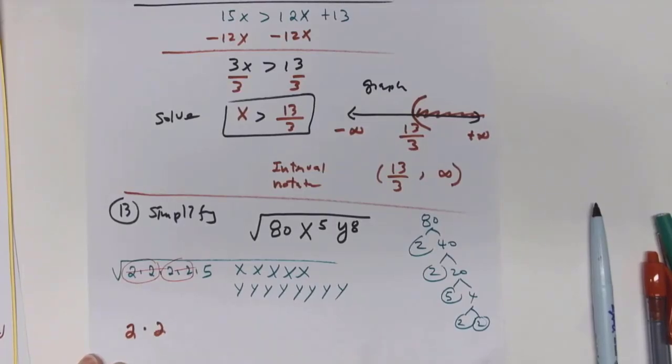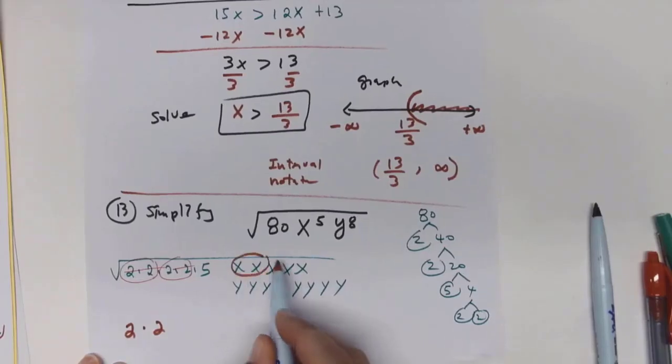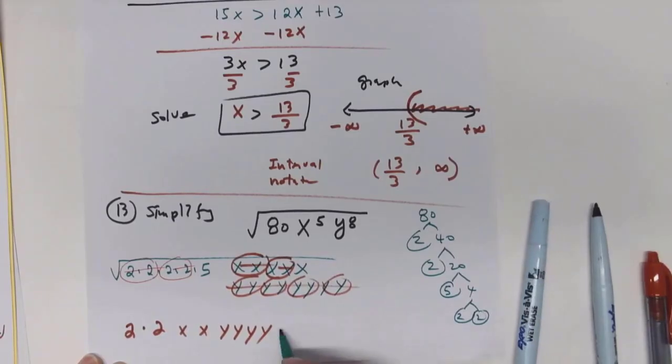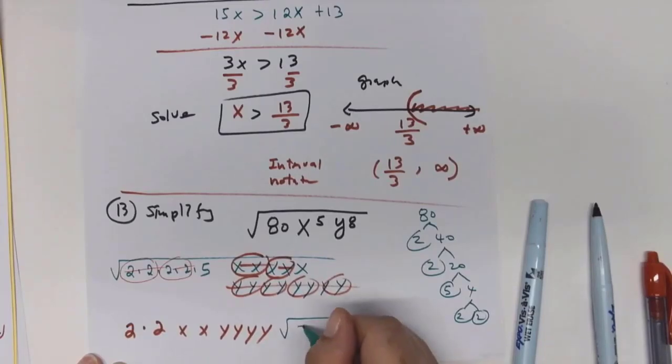2 times 2. And how many x? 2 groups of x. Okay, cross out x, x. How many groups of y? 1, 2, 3, 4. So 1, 2, 3, 4. Inside the root, we have what? Just 5 and x.